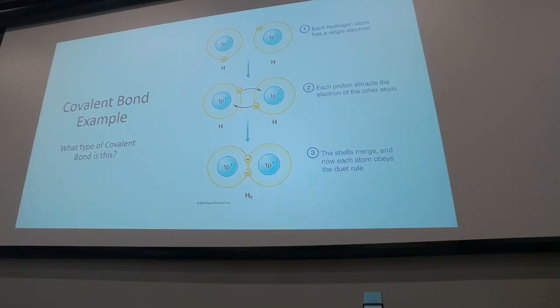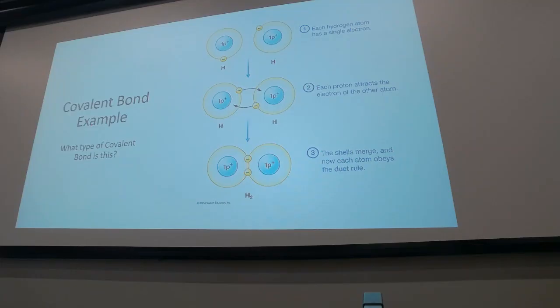Before, when they were apart, they only had 1 electron each, but when they get together, they have 2 electrons. So basically that's the sharing, and they form what is called molecular hydrogen. So what type of covalent bond is this? Single covalent bond.